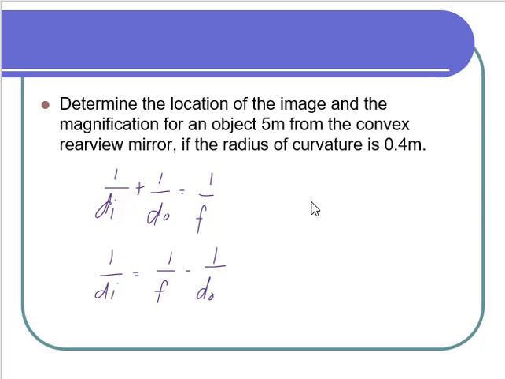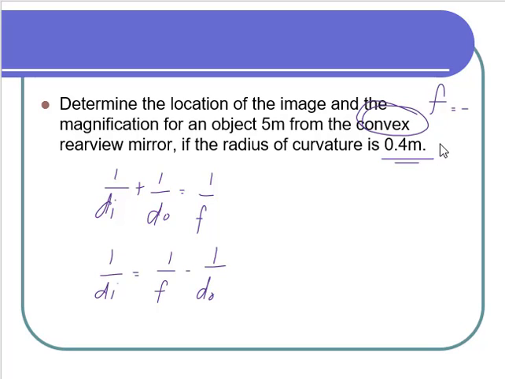Now, the radius of curvature here is 0.4. Therefore, the focal length is half of that. That's 0.2. Okay, so we have 1 over di equals 1 over f minus 1 over do as derived from the equation. But take note that this one is a convex mirror. So if we are referring to a convex mirror, therefore the focal length should have a negative sign.